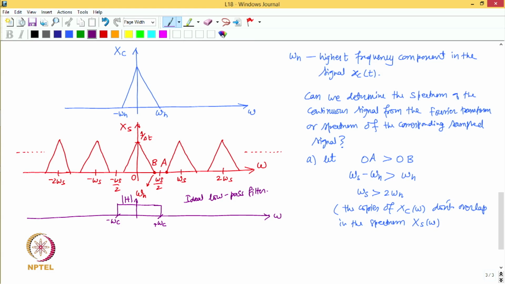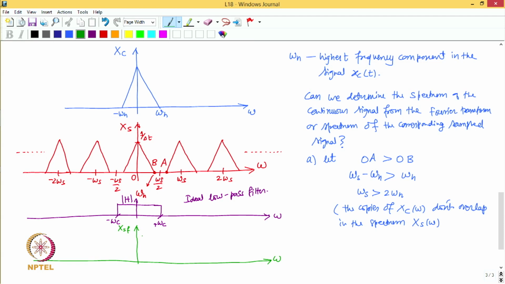When the sampled signal is filtered using this filter, what is the frequency spectrum of the filtered signal? Let us show that here. Let us call it XSF, the filtered sampled signal.